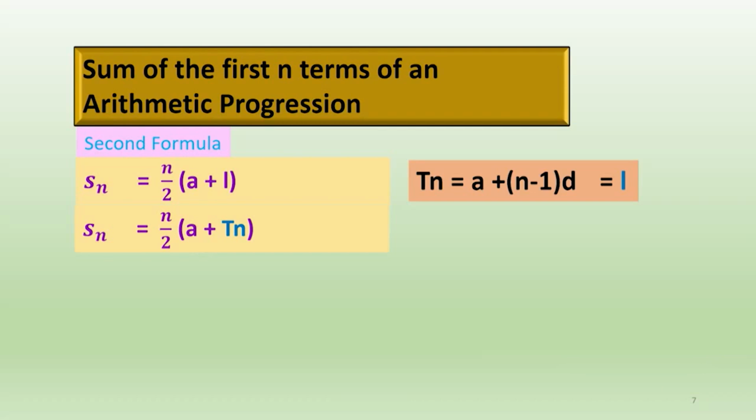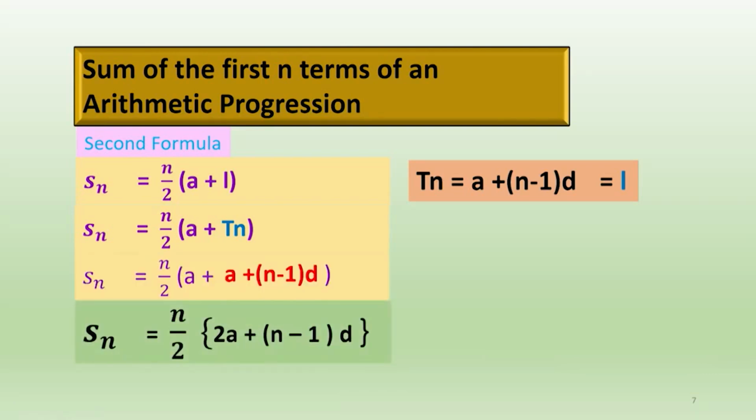Now, what is this Tn? Tn equals a plus (n minus 1)d. So I can substitute that: Sn equals n over 2 times (a plus a plus (n minus 1)d).